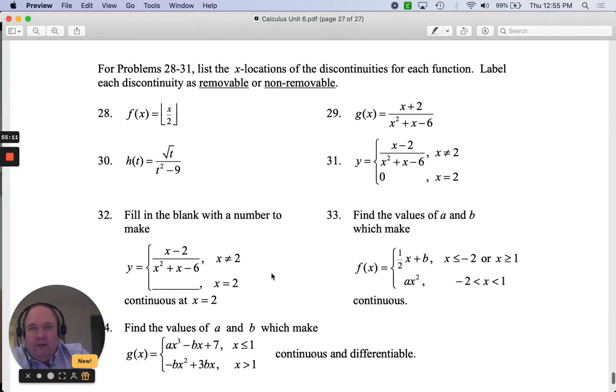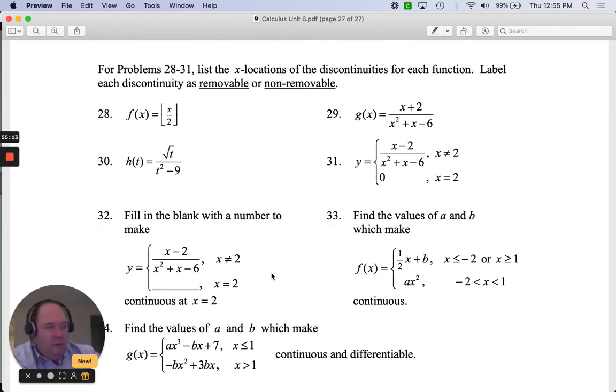All right, for problems 28 to 31, can you find the discontinuities and label them as removable or non-removable? For 28, this is called the greatest integer function. At every integer, there's a discontinuity, a jump. It's all non-removable because the limit doesn't exist.